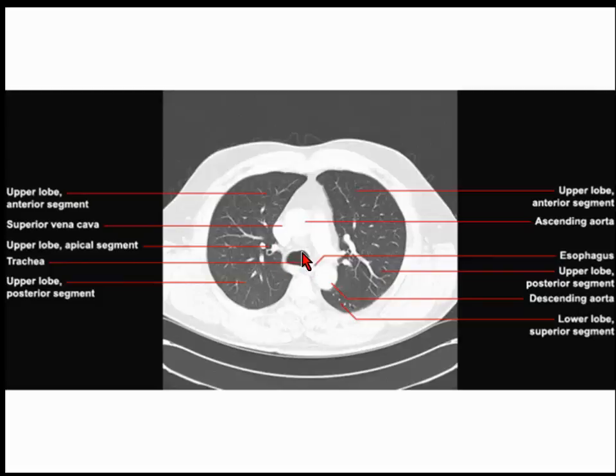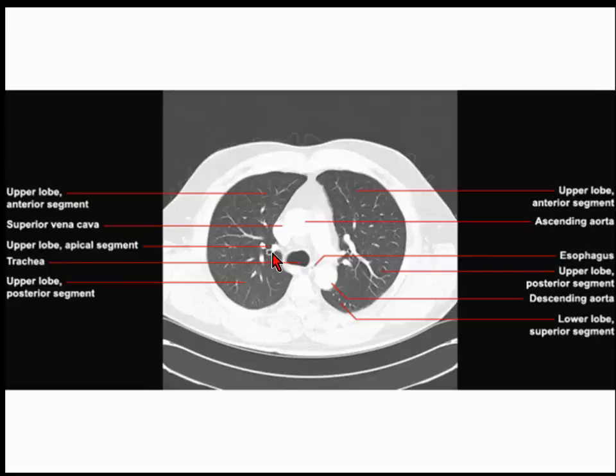That's the trachea. There's some fluid in it, and that's the esophagus. These are the pulmonary vessels, and that's the bronchus. Always remember, when you're looking at the bronchus and the vessels, they should be almost exactly the same size.